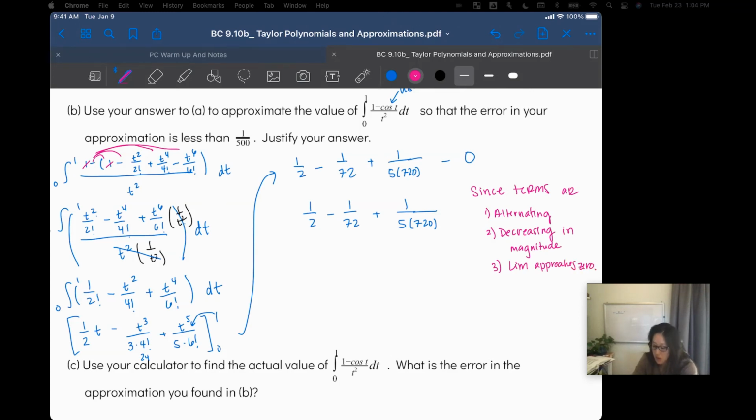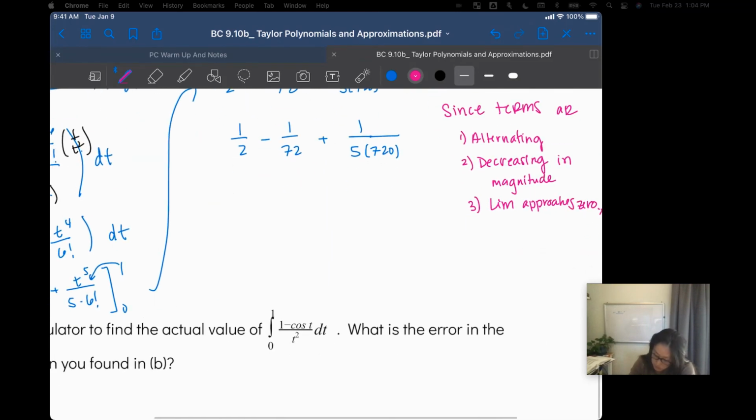Then we can use our alternating error analysis. So we know that the absolute value of the error has to be less than 1 over 5 times 720, and that is less than 1 over 500.